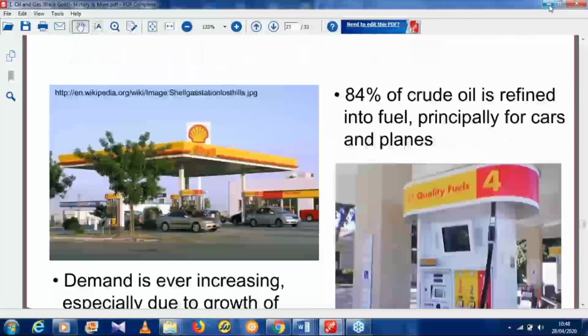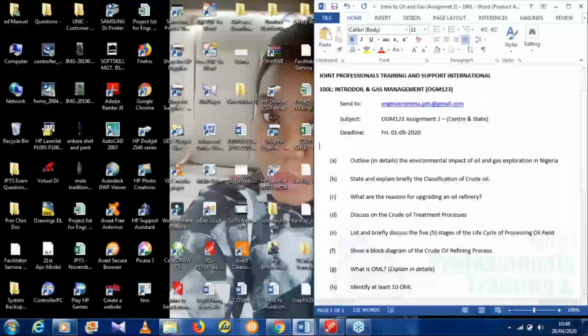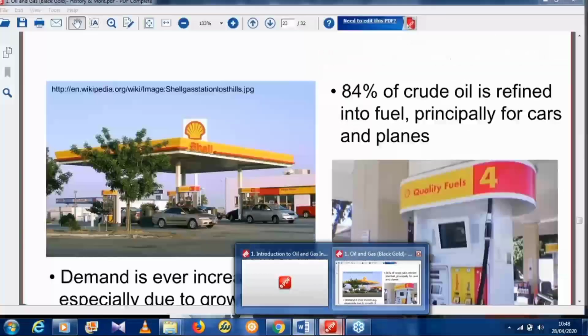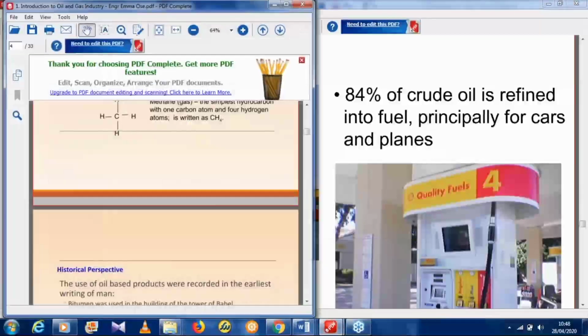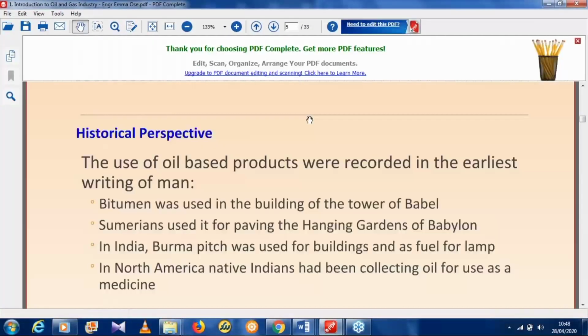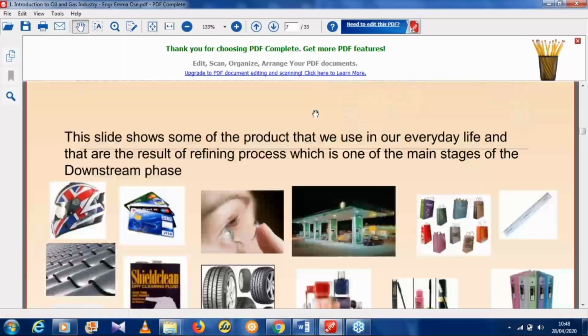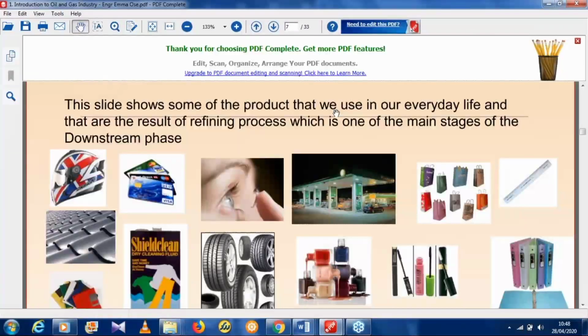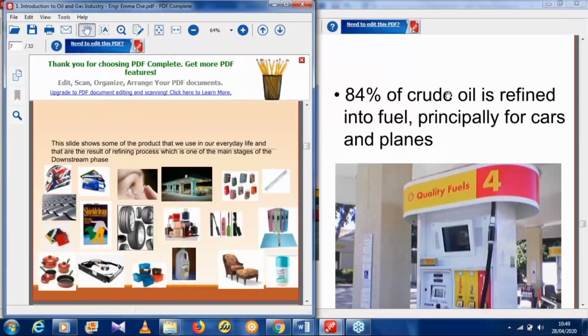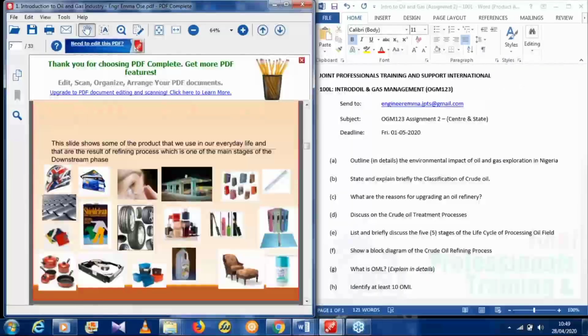Now, from the refinery, the different products that we get are eventually used for various things. Some are used for our cooking gas, which is the LPG, and some are used for other things.